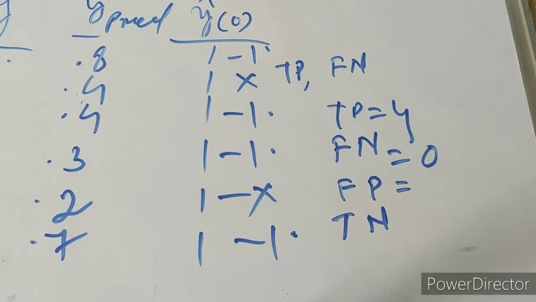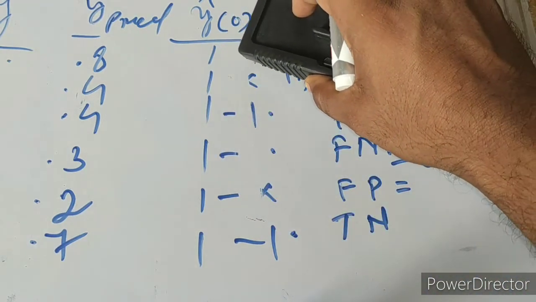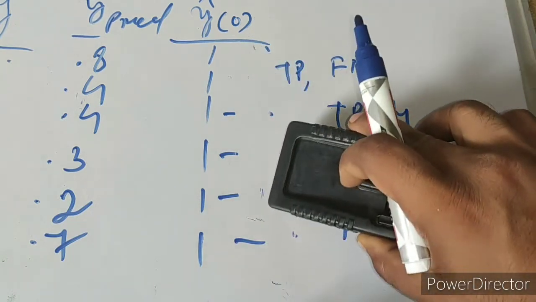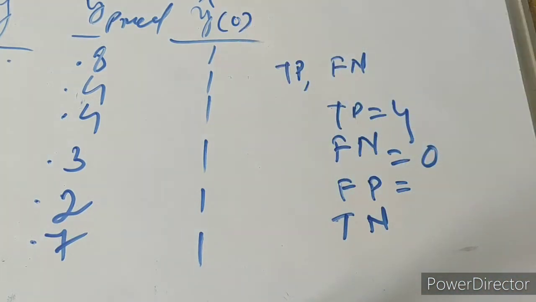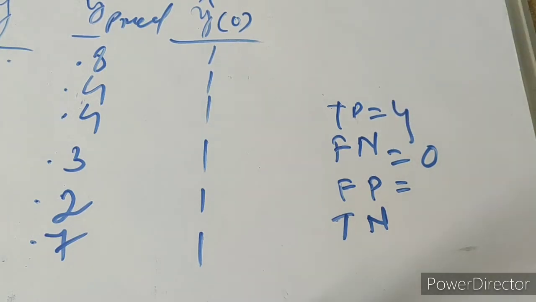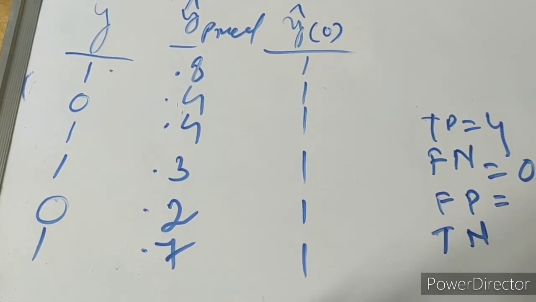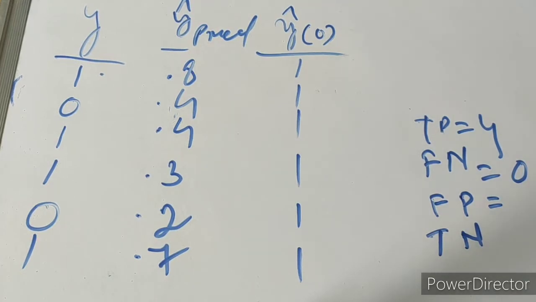So what is false positive rate? False positive means you can see in actual value it must be 0, but in prediction it must be 1.